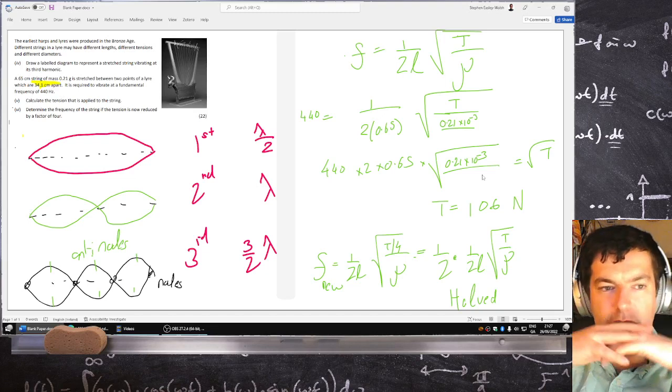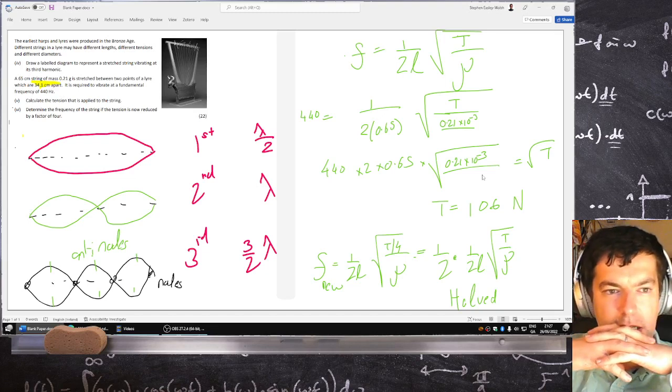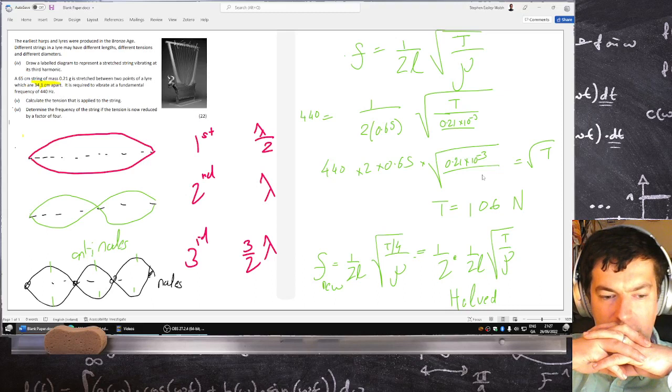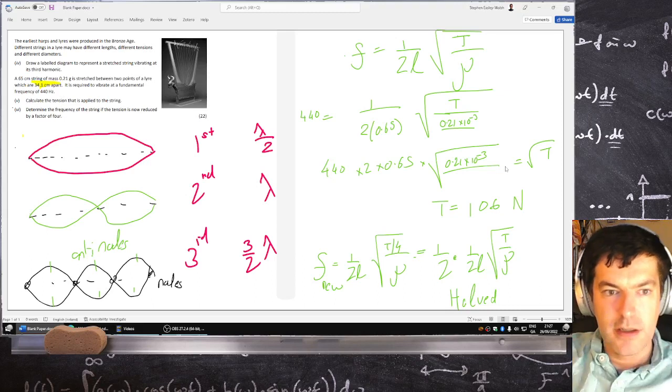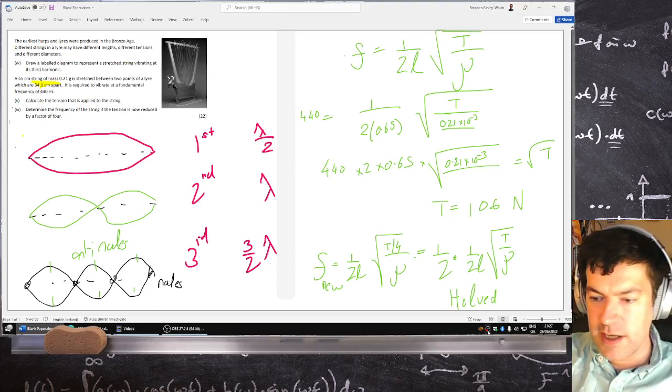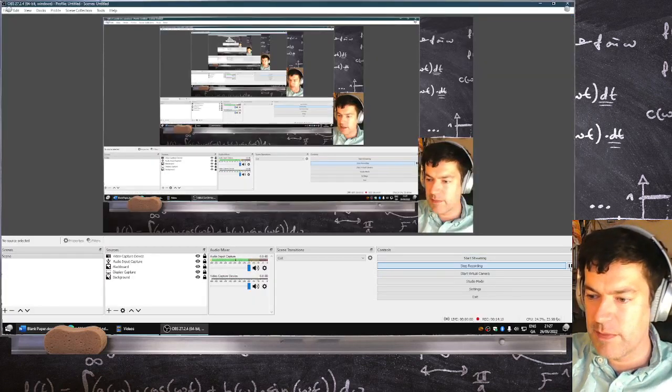Wow. I need a diagram. I don't know what they're trying to say here. A 65 centimeter string of mass that is stretched between 2 points of a lyre. I'm going to need a picture of a lyre. What a terrible situation to be in for the exam.